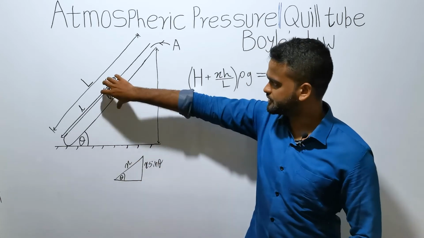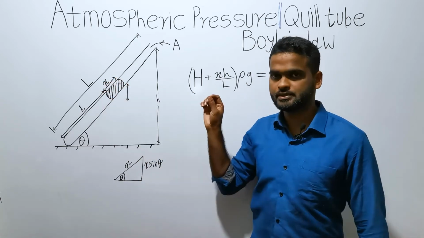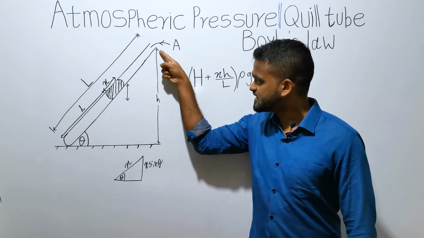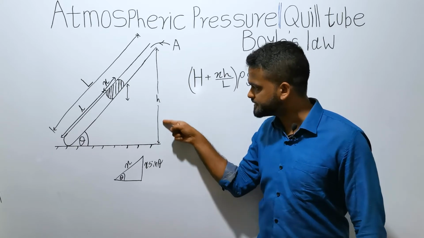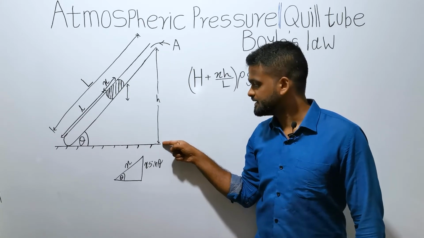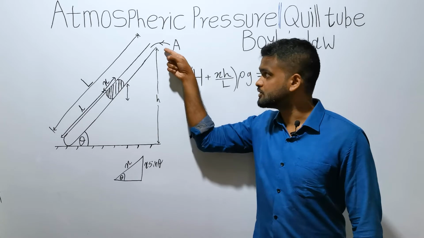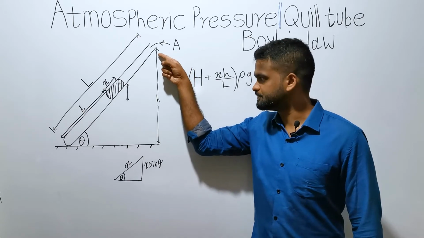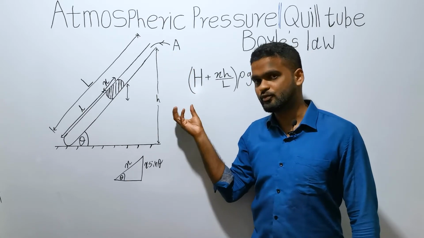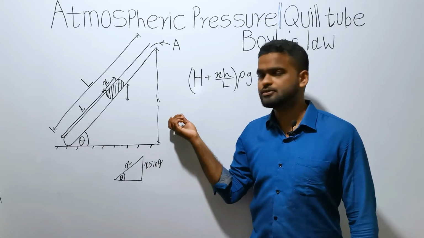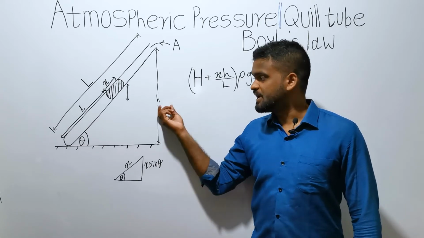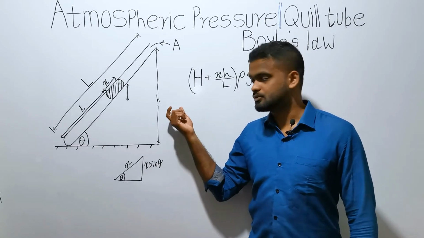If we change the inclination, you can see that what changes is this simple h value, the height to the top end of the Quill tube. So that is the variable that we change, so it should be the independent variable that relates to x.